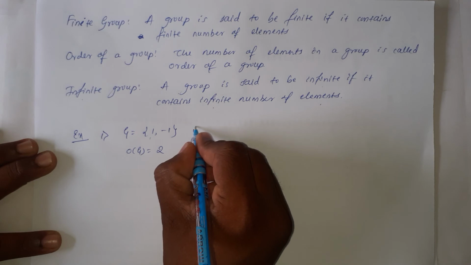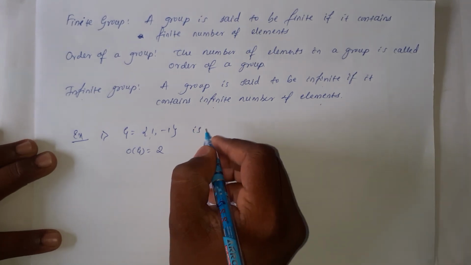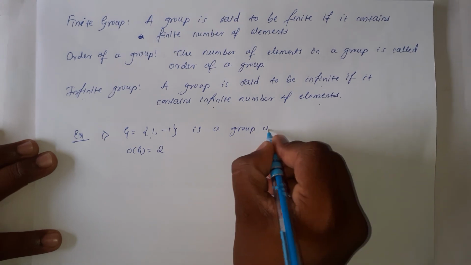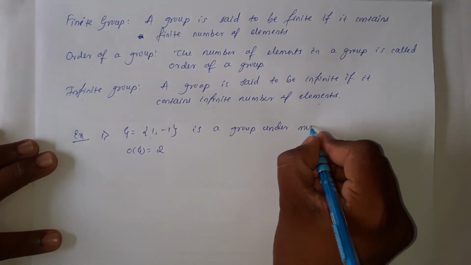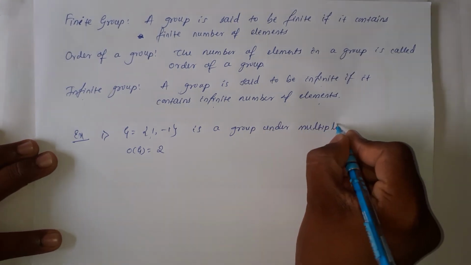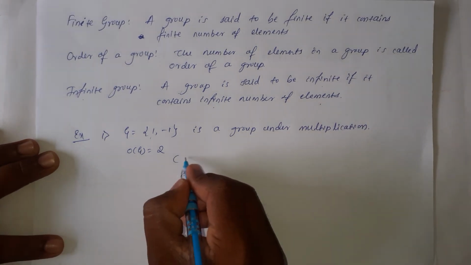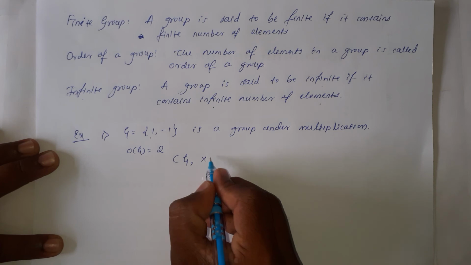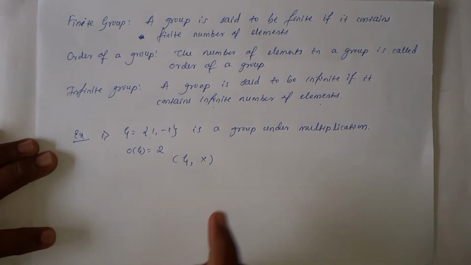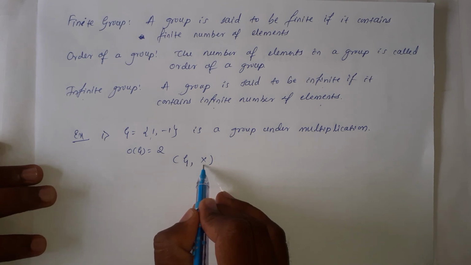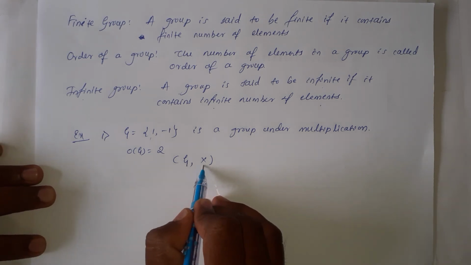So, here the set G is equal to {1, minus 1} is a group under multiplication, means here we can write this as (G, cross). The set G along with the binary operation multiplication is a group.